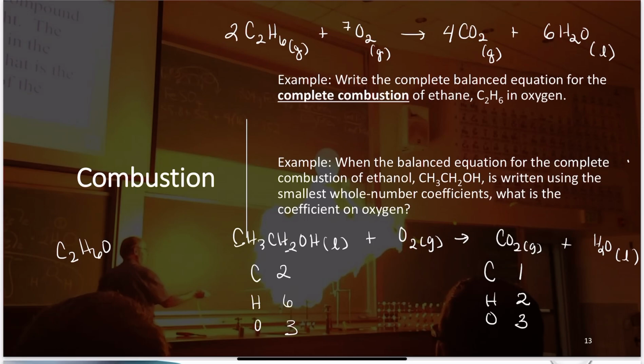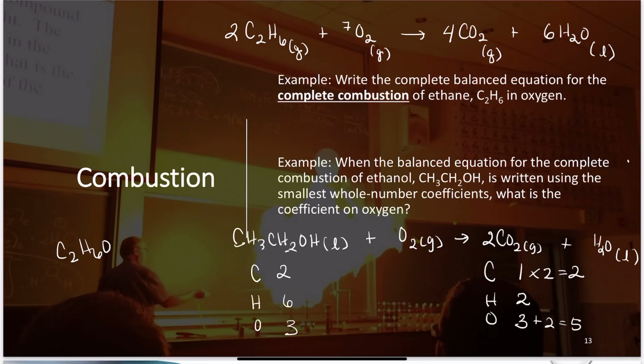I need to balance my carbons first, so I'm going to put a 2 in front of the CO2. This gives me 2 CO2s. It's going to add 2 more oxygens to my compound here. So now I'm up to 5 oxygens.